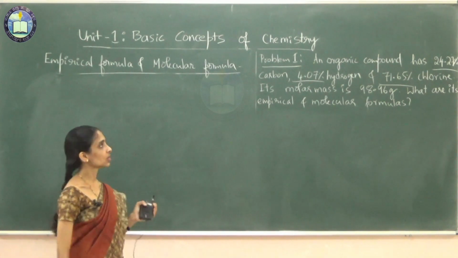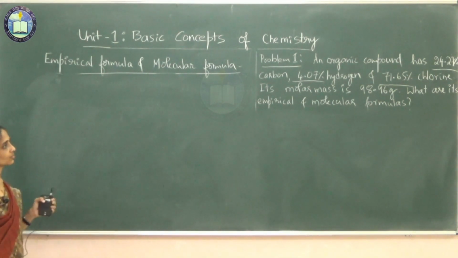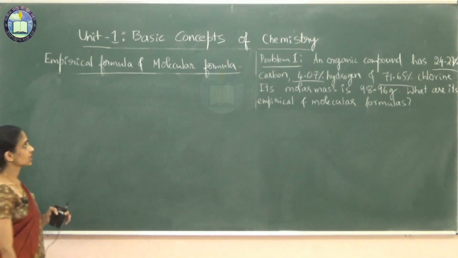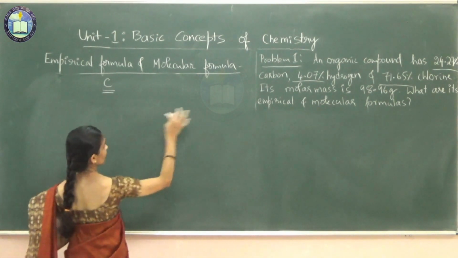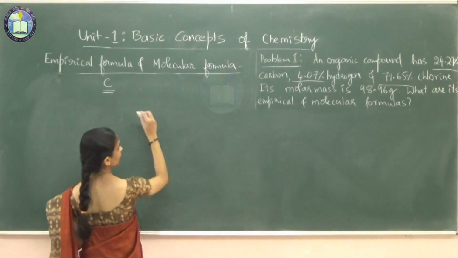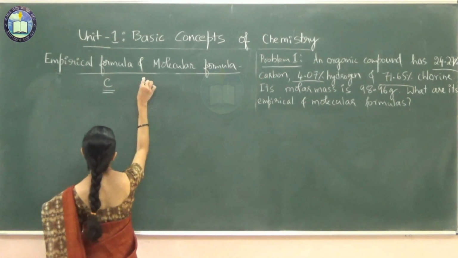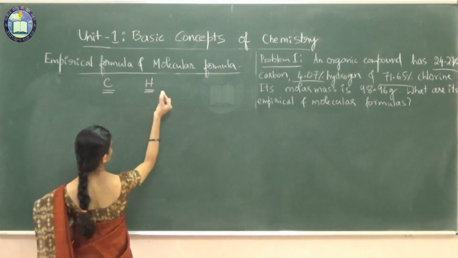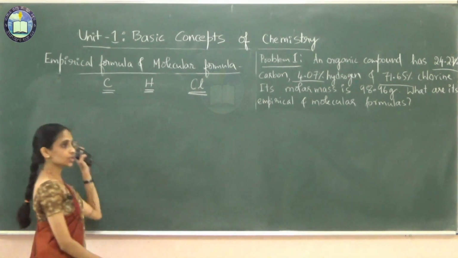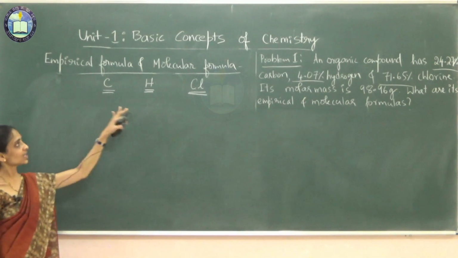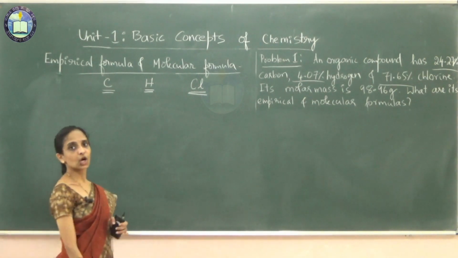Now, how to solve such problems? First of all, I'll write the elements of the organic compound. They are carbon, hydrogen and chlorine. So, I have listed out the elements present in the organic compound.